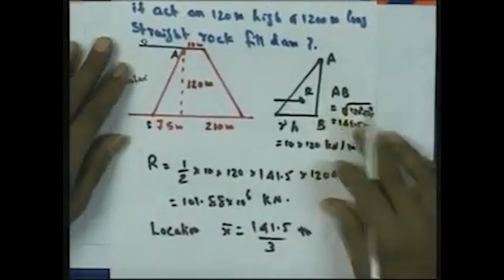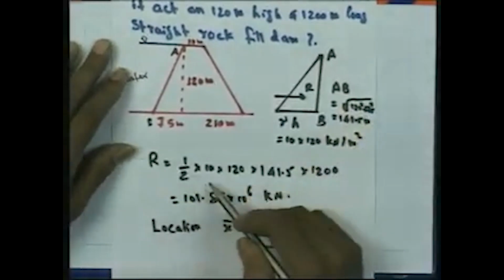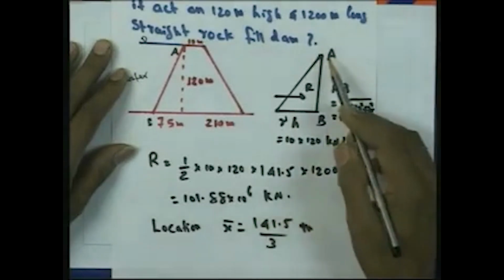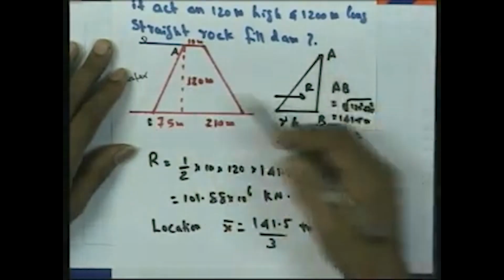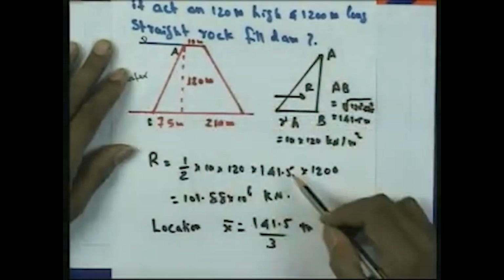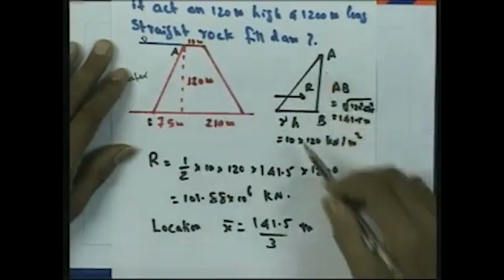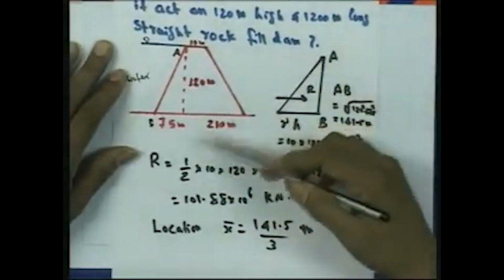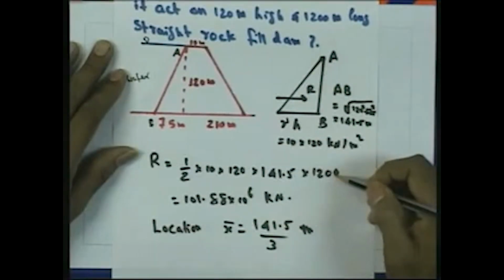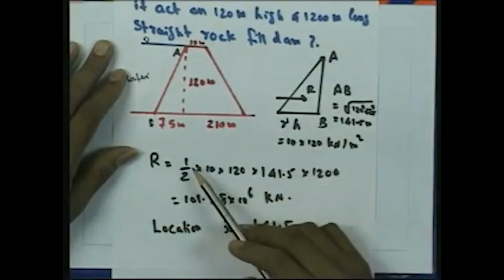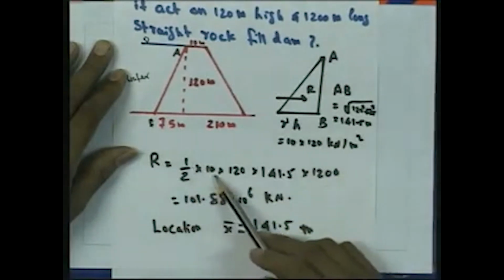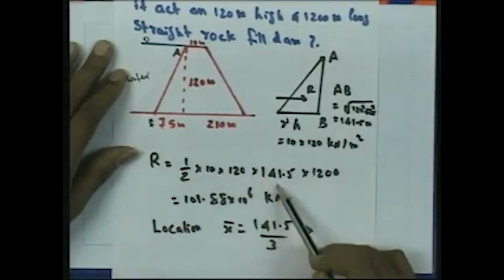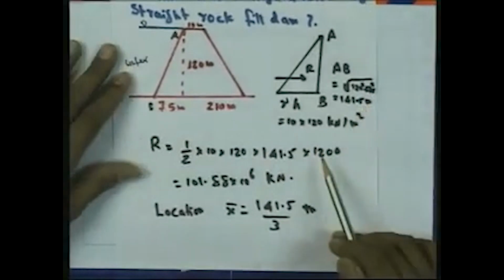The resultant force R is equal to half into this base pressure gamma into H into this length AB, the inclined height which we are considering, that is 141.5 which we have already determined, multiplied by the length of the dam, that is 1200 meters. So, the resultant force will be equal to half into 10 into 120 into 141.5 multiplied by 1200.